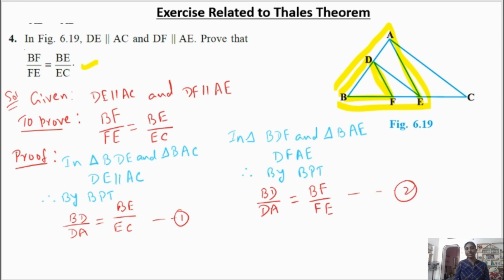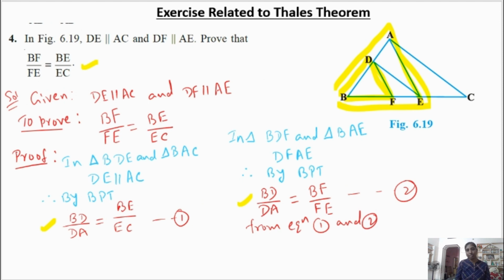Now you observe equation number 1 and 2. From equation 1 and 2, the left hand sides are equal, BD by DA, BD by DA. So we can equate the right hand sides.